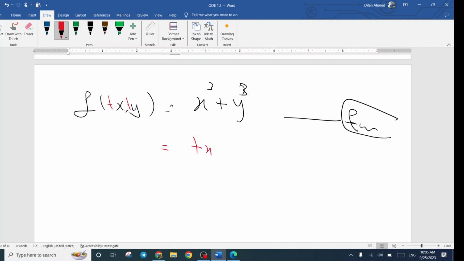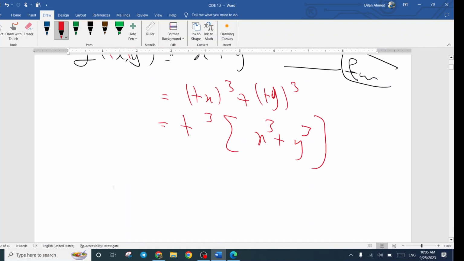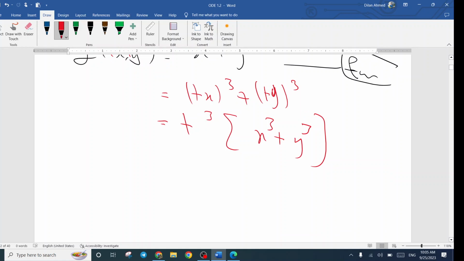Of course, I will get t cubed x cubed y cubed. And I know 100% I can bring out the t, and the degree of the homogeneity is what? Is 3. You got it?